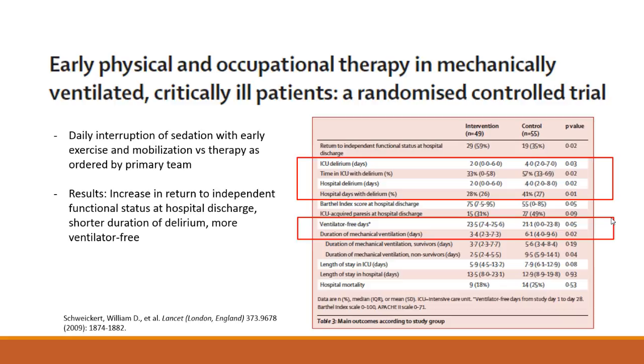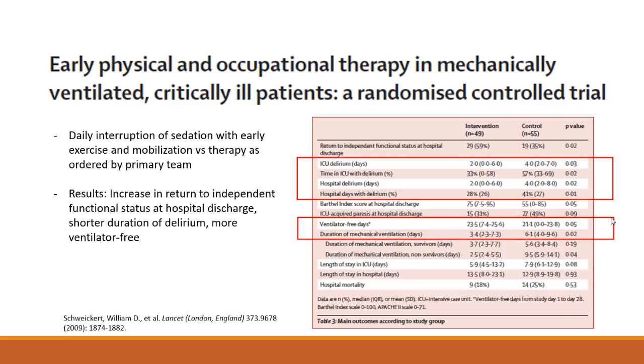And so it was designed as a randomized controlled trial of ventilated patients. In both arms, patients would receive a spontaneous awakening trial. However, the difference between the two arms was that in one arm, the intervention arm, you had a regimented physical therapy, occupational therapy program. So they had a set criteria for who could get physical therapy, and those patients would get the physical therapy.